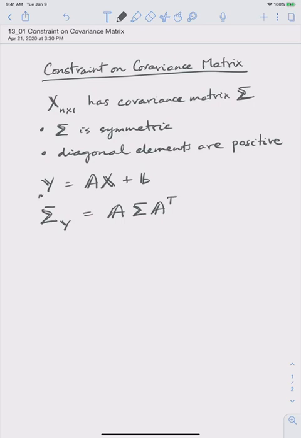Now, y is an m cross 1 vector, and so as we have written many times, the dimensions of A and B are determined by that. So we will look at the special case when m is equal to 1.